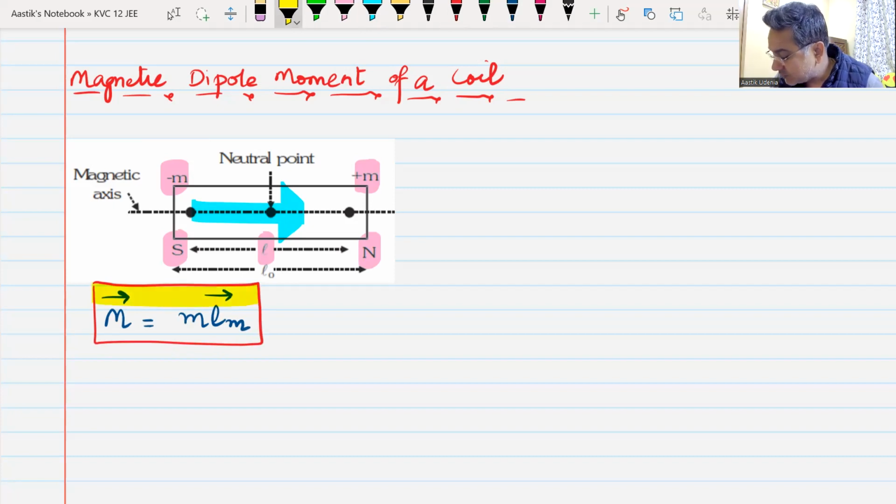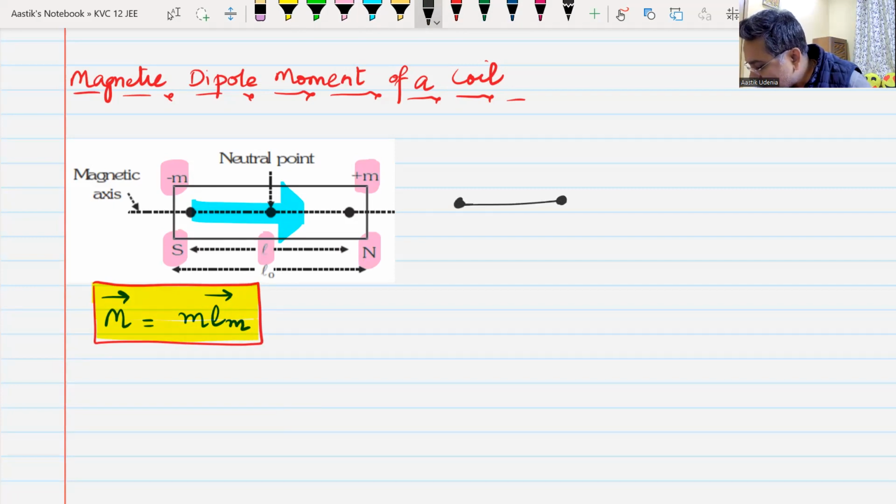And some time ago, we actually studied this. When we studied this, we also took the reference of something known as this. This was the minus Q charge, this was the plus Q charge, separated by a distance of d. This arrangement is known as an electric dipole.